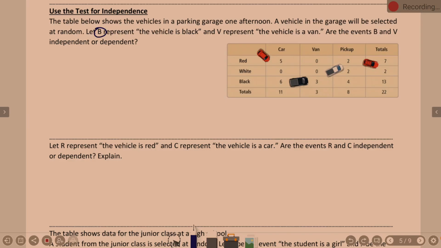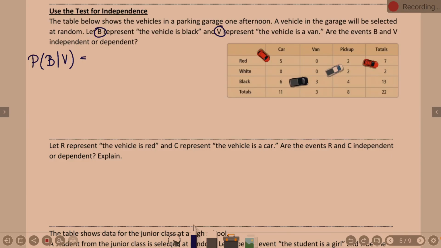We have B and we have V. So first one, the probability of B given V. And then we'll reverse this in a moment too. Probability of B given V, in letters right now. I'll get to numbers in a moment.